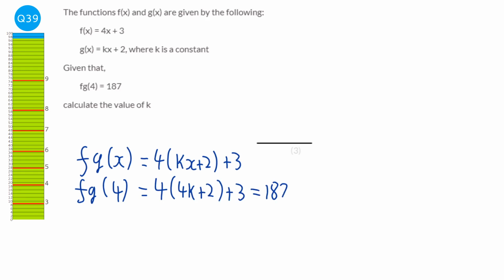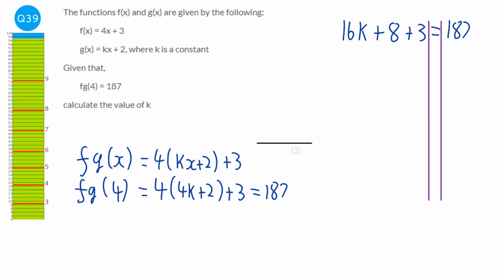So we've actually got something we can solve here. So I'm just going to rewrite that, but actually I might expand the brackets as well while I'm at it. So 4 times 4k is 16k, 4 times 2 is 8, plus 3 equals 187, and let's get our solving lines in.